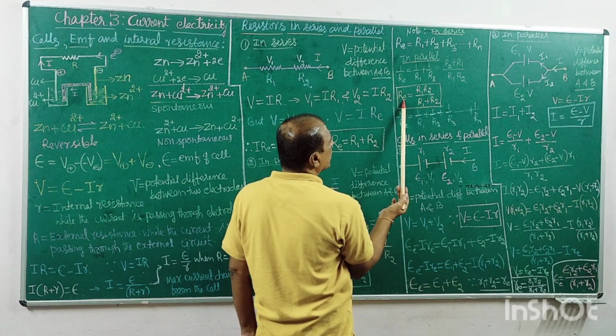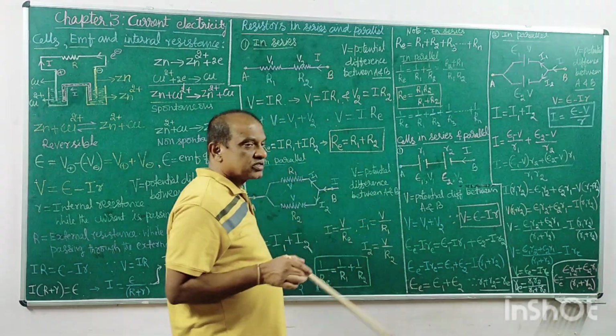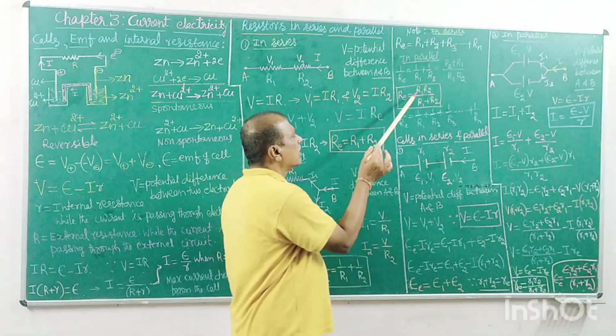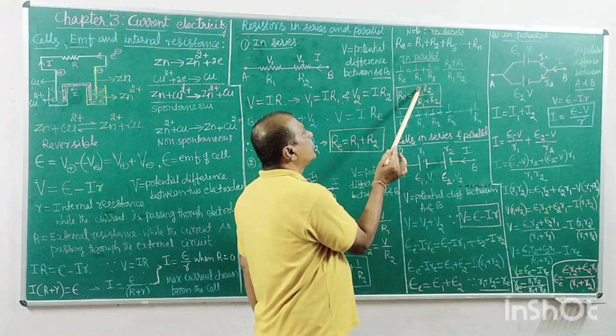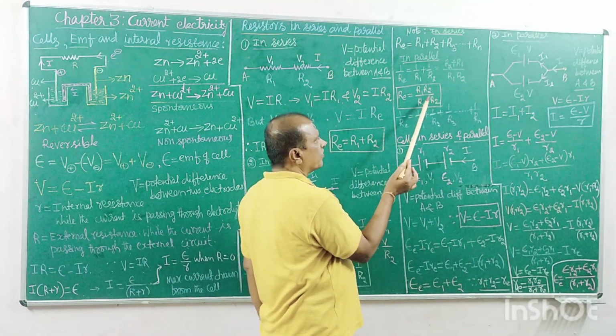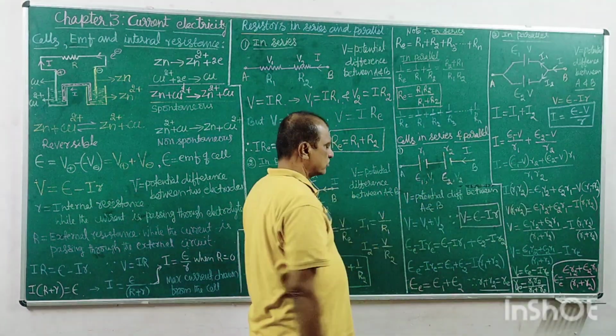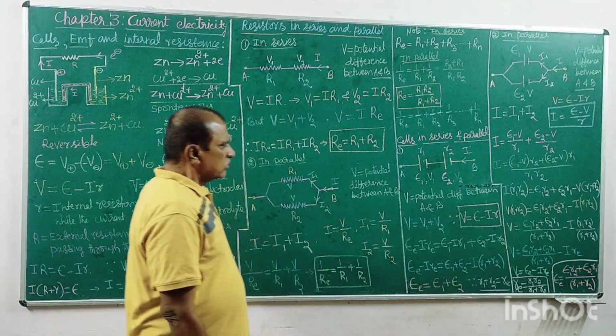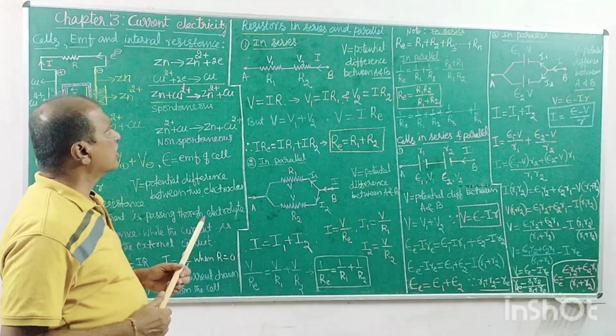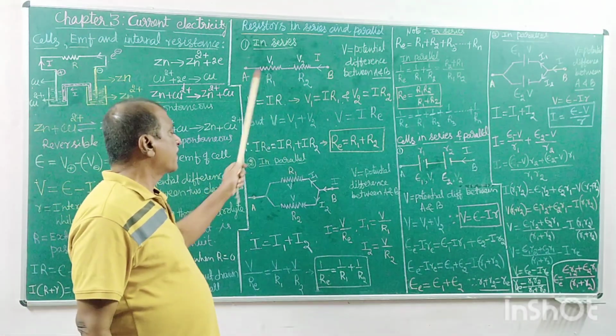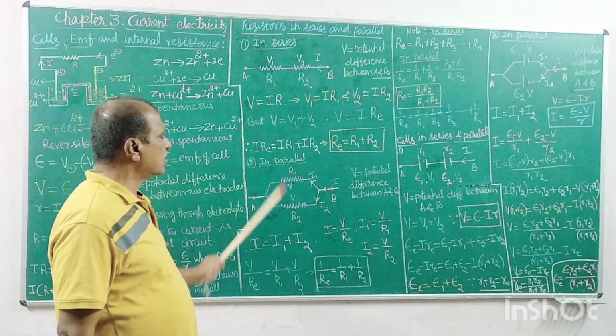So the effective resistance, if there are only two resistances in parallel, is the product of them divided by the sum of them. For many resistors, the earlier one applies. That is for resistors, the conductors in series and parallel.